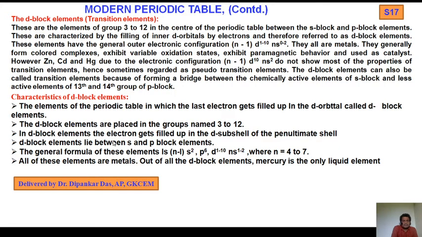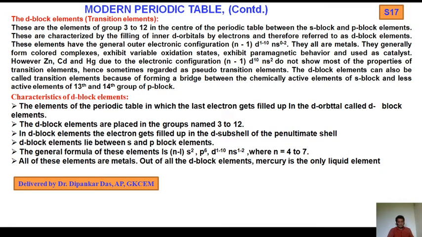D block elements are placed in groups 3 to 12, or these groups in between group 3 and 12, where the D block elements lie. In D block elements, the electron gets filled in the d subshell of the penultimate shell.